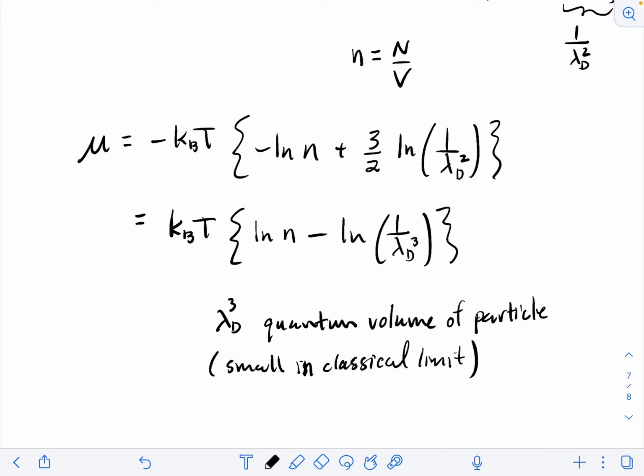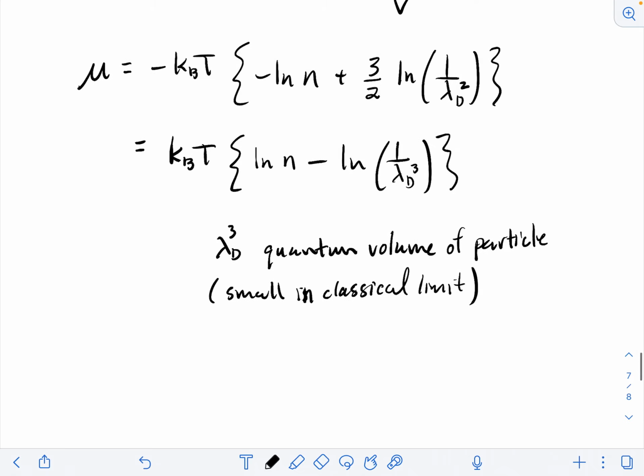If we're in the high temperature limit, this is small. So I'm going to define a quantum density, nQ, as 1 over lambda d cubed. And so if lambda d cubed is small in the classical limit, nQ is going to be large in the classical limit.